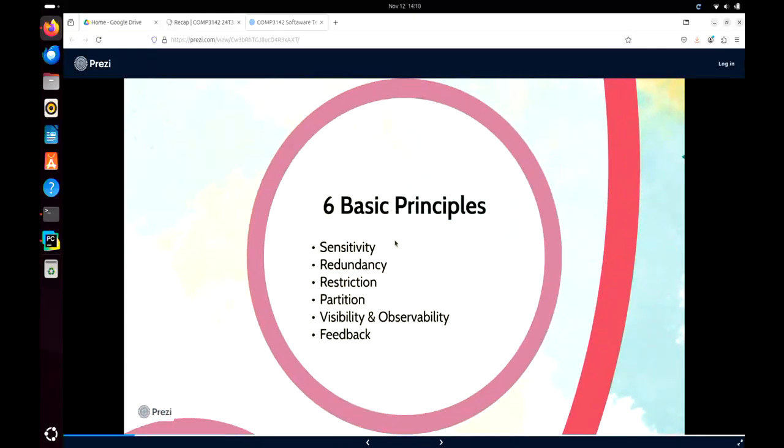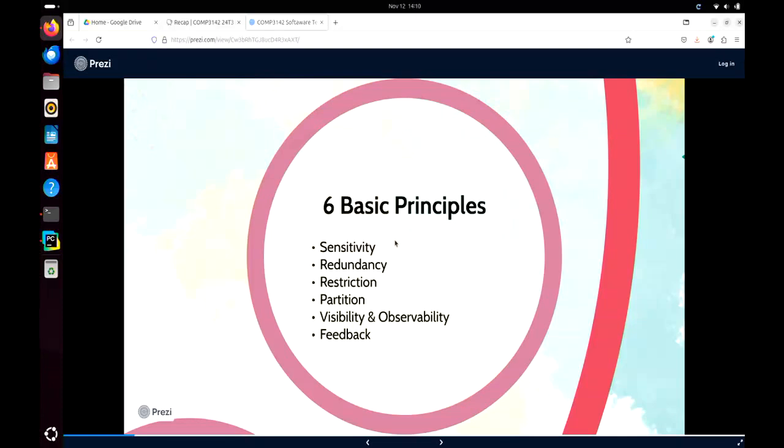And after that, we learned 6 basic principles for doing testing. Can you still remember these principles? You don't have to recite all of them, but when you see each term here, you should be able to explain the concepts behind it. For example, sensitivity is related to the dry sanitizer we have learned. So we should increase the sensitivity of capturing errors or bugs.